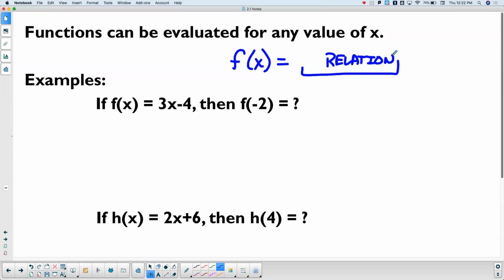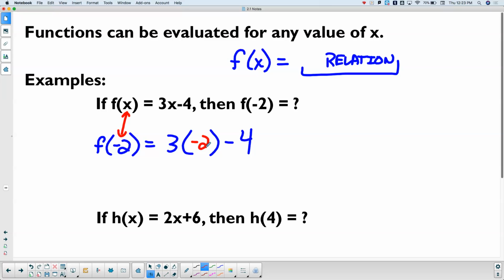That's how we write it in function notation. So I want to know what f of -2 is. Notice here how I replaced x with -2.